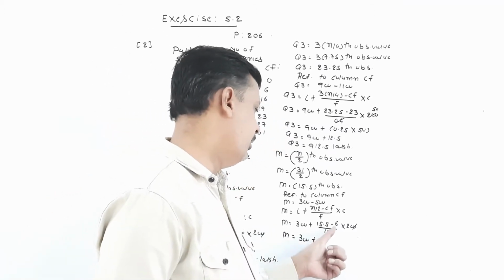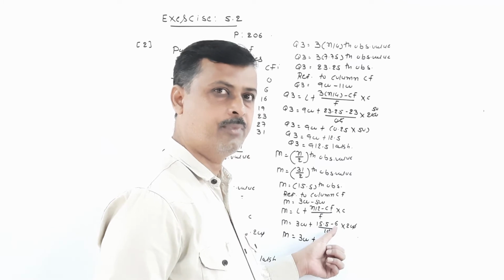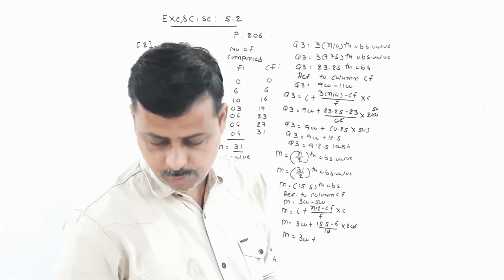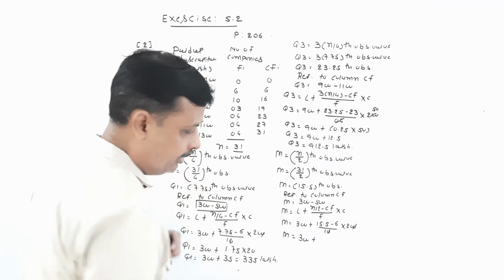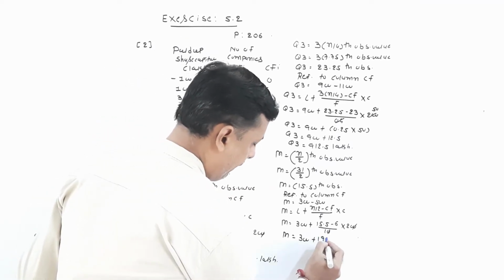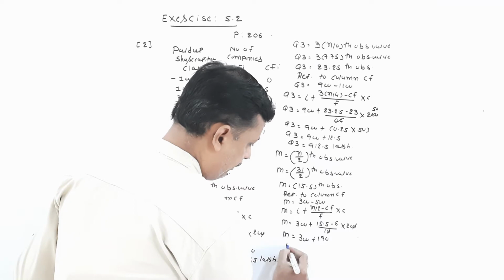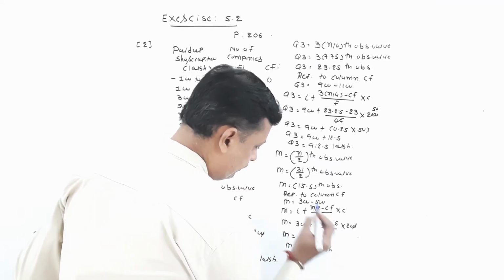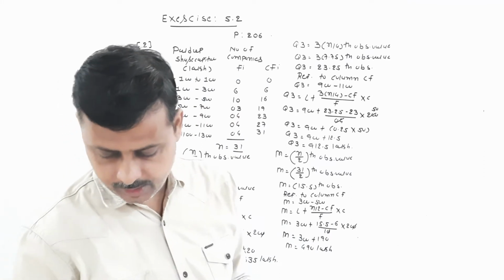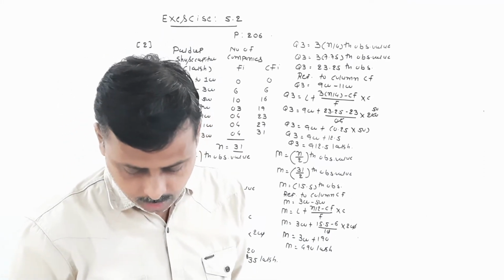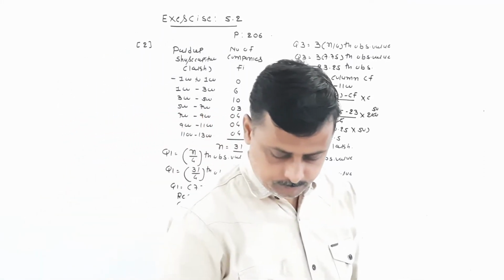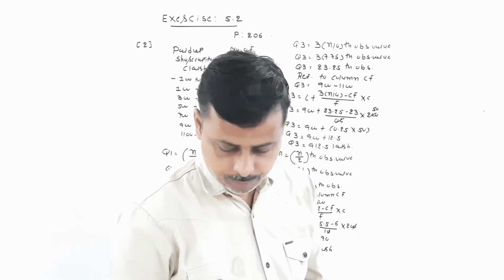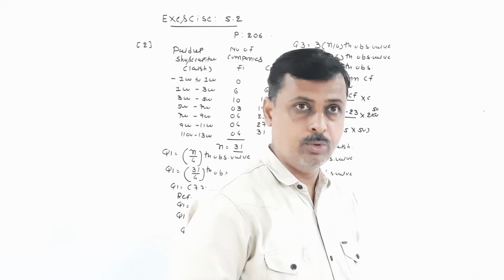So 15.5 minus 6 is 9.5, 9.5 into 20 is 190, so 490 lakh. Now here skewness and coefficient of skewness both are required.